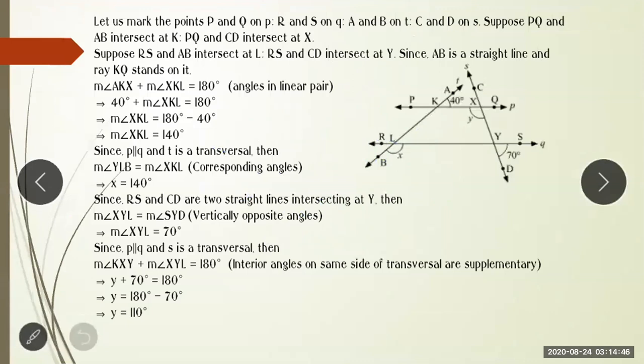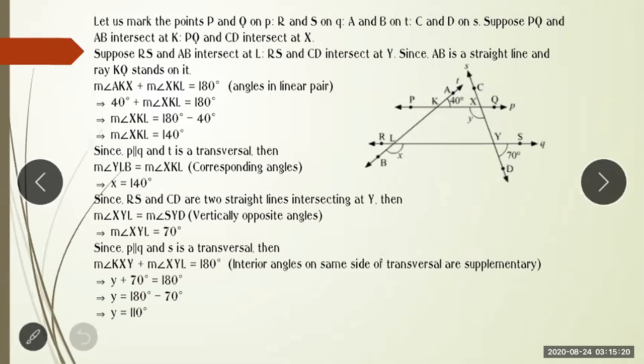Whatever I have explained to you through the diagram, I will explain through the sums we have written. Once again, starting from the first, listen properly and afterward write the things. First, we have marked P and Q on P, R and S on Q, A and B on P, C and D on S. Next, we suppose which line is intersecting which line.